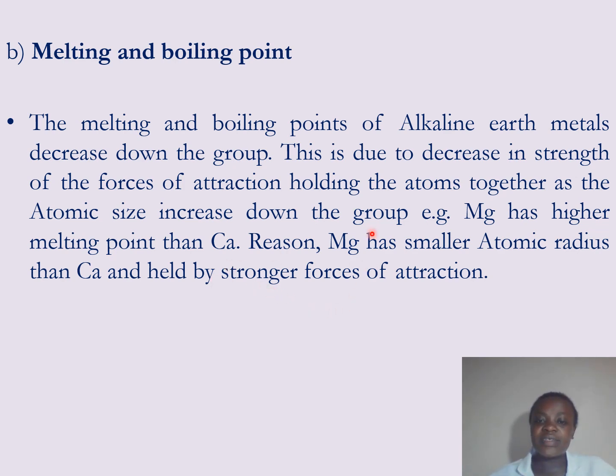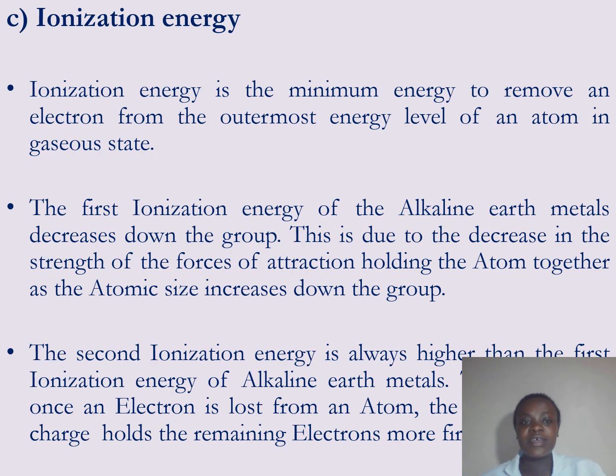So that makes the melting point and the boiling point for magnesium higher than that of calcium. That is the explanation we give for the decrease in melting and boiling point of alkaline earth metals down the group.